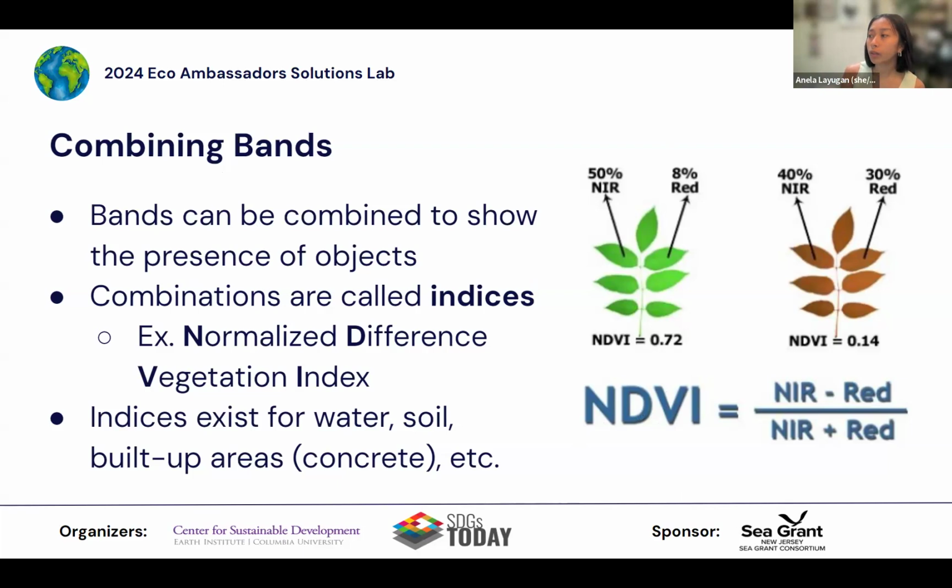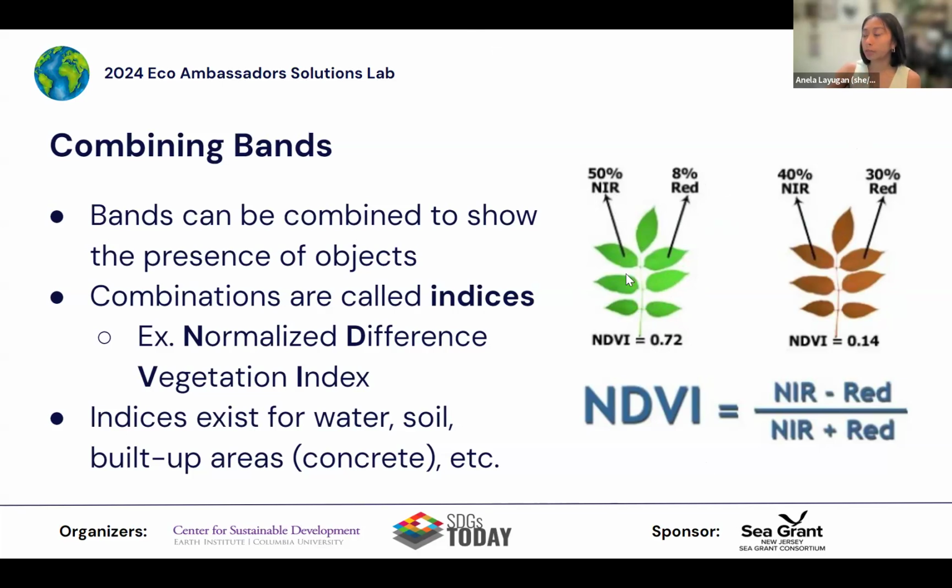They create a calculation that basically shows just a specific object on the ground. For example, this green leaf emits 50% near infrared wavelengths, and it emits 8% red wavelengths.